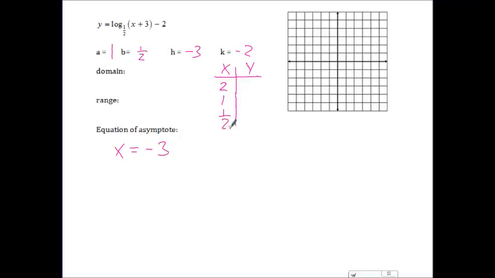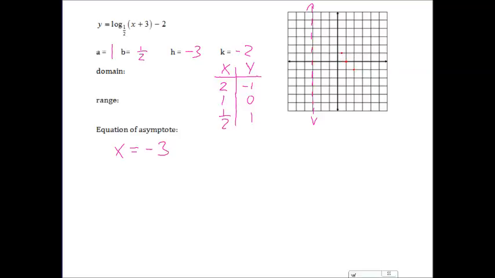And our y's, again untranslated, are negative 1, 0, and 1. Let's graph our asymptote at negative 3. And our points before translation would be 2, negative 1; 1, 0; and 1/2, 1.